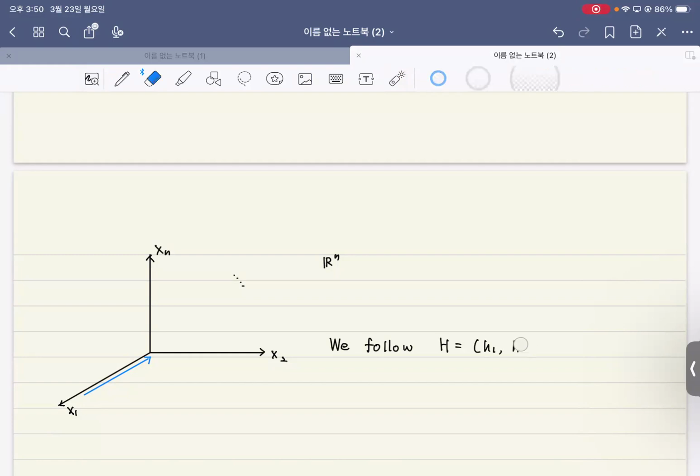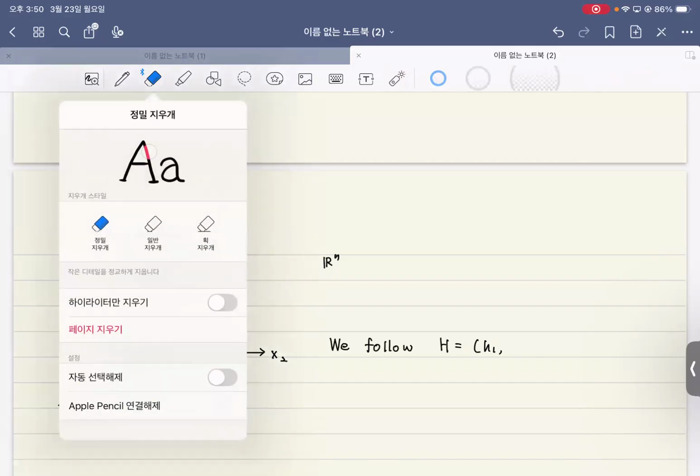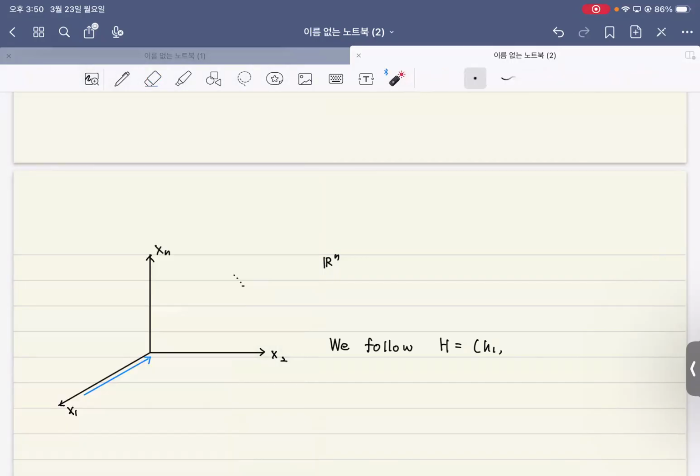There's no H2, since we are following this route on the x1 axis.